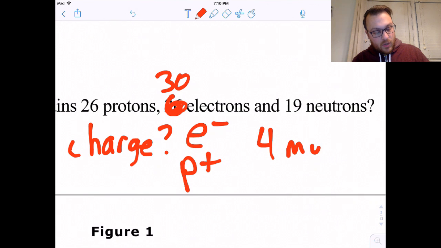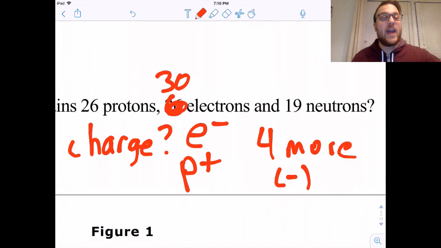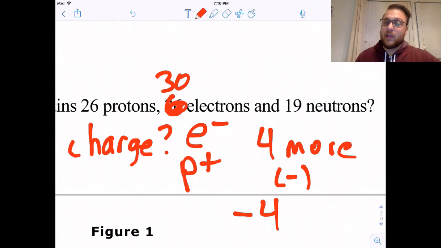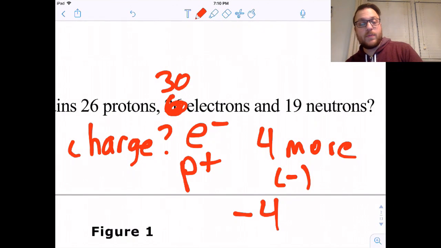When you look at this relationship now, since you have 4 more negatives than you do positives, your charge would end up being -4. And I know that's confusing because you're like, I have more electrons. Well, if you have more electrons, you're going to be positive or negative. If you have more protons, you're going to be positive or negative. They can't both be positive or both be negative. So if you have more negatives, you're negative.